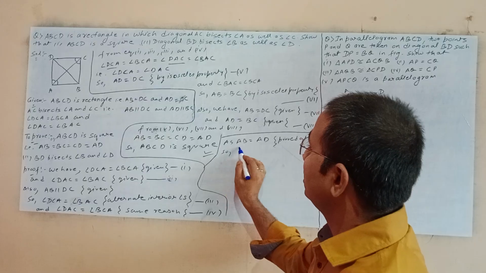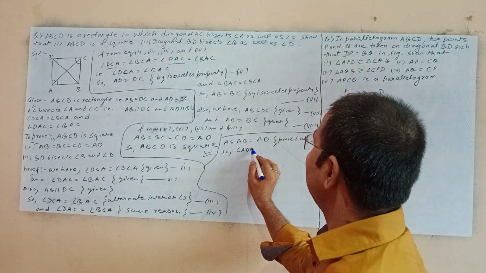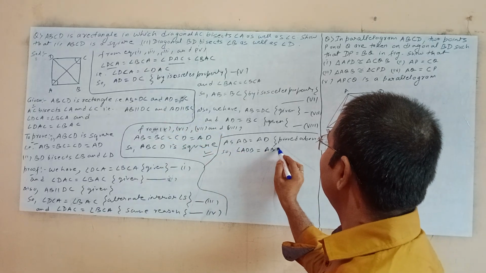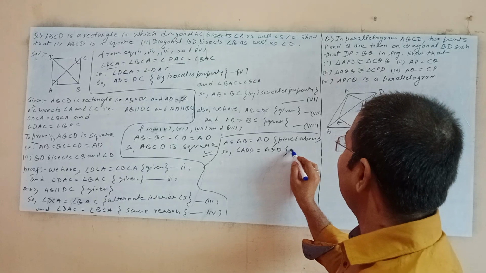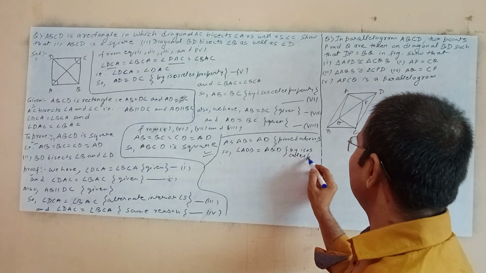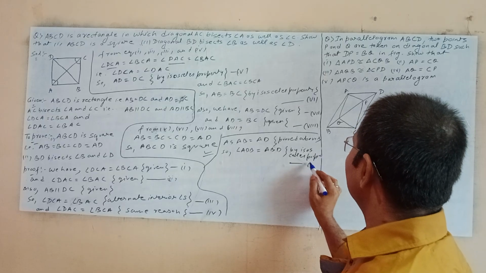So angle ADB is equal to angle ABD. Why? By isosceles property. Again, take it as ninth equation.